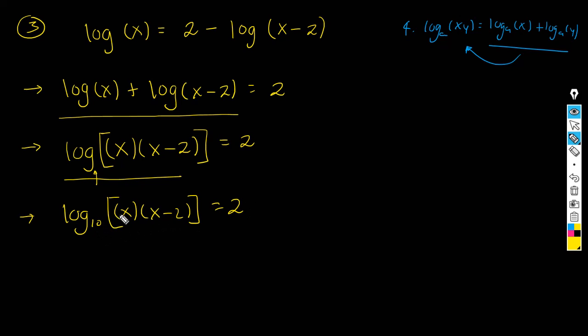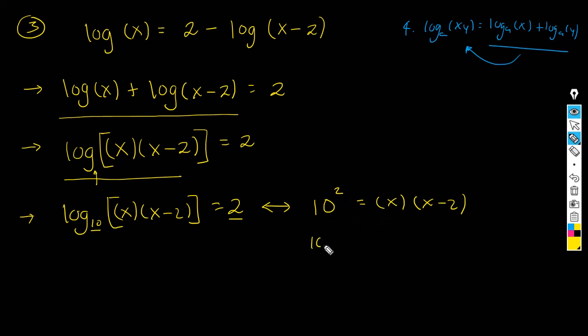And like in the previous example, all we have to do is rewrite this in its exponential form. Log base 10 of all of this number equal to 2. That means that 10 to the 2 is equal to all of this. Okay? And now we have a very simple equation to solve.